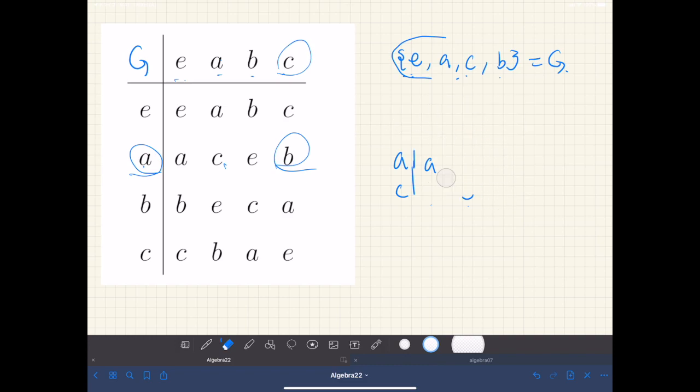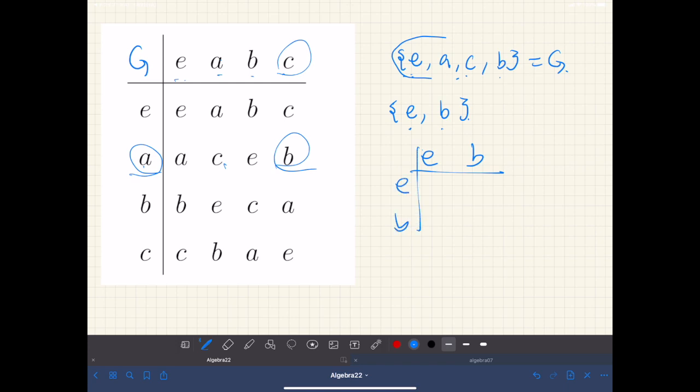So let's consider the next possibility. Suppose we have a subset that contains the identity element and B. Is this closed under multiplication?